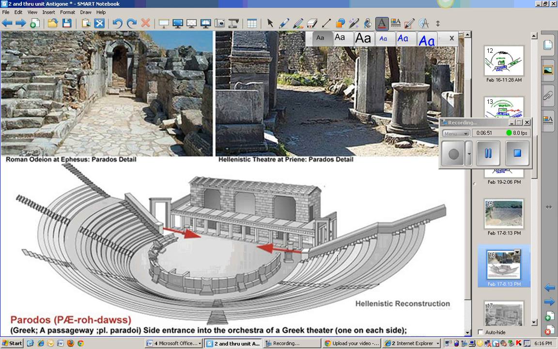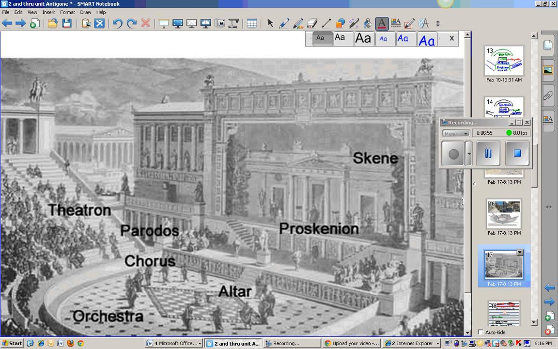That's where the thymulae would occur, the animal sacrifices. One last picture. Parados, theatron, proscenium. You can see this scaeny looks like a screen because they don't have the actual Greek background in there. It's just a screen. It's a painting. The altar, orchestra. So I hope this is contextualizing it for you. That's the structure of the theater.